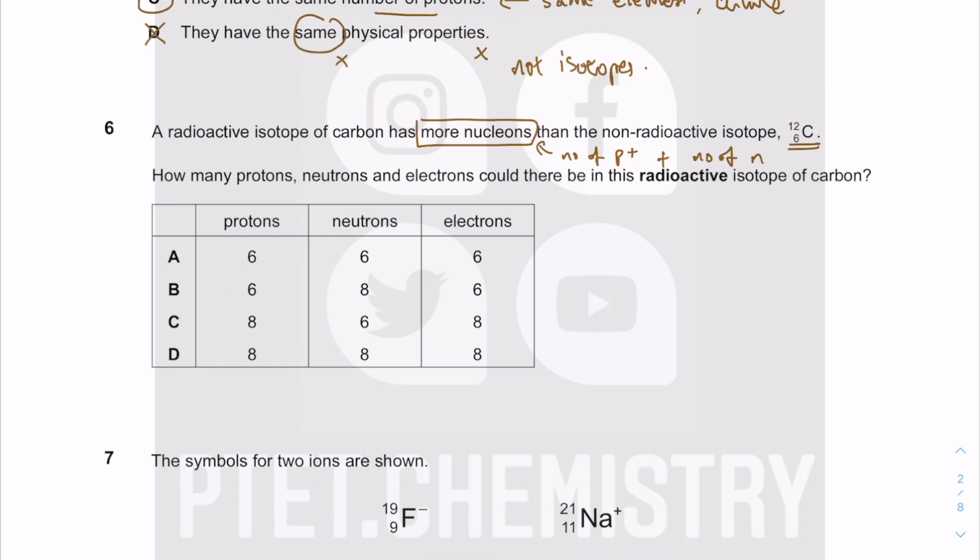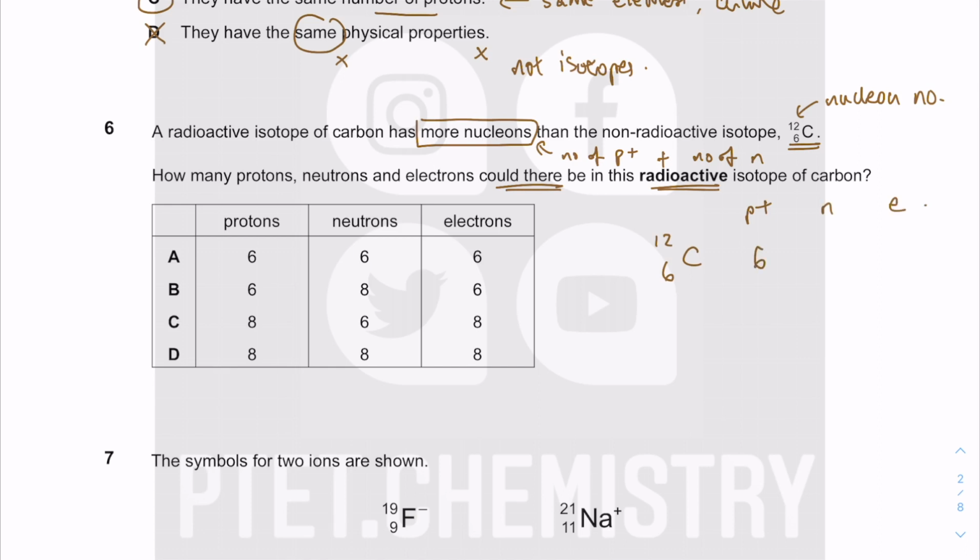How many protons, neutrons, and electrons could there be in this radioactive isotope? So you need to be careful and read the question. This radioactive isotope has more nucleons than this, all right? So this is the nucleon number. That is carbon-12, sorry. So you have protons, neutrons, electrons.